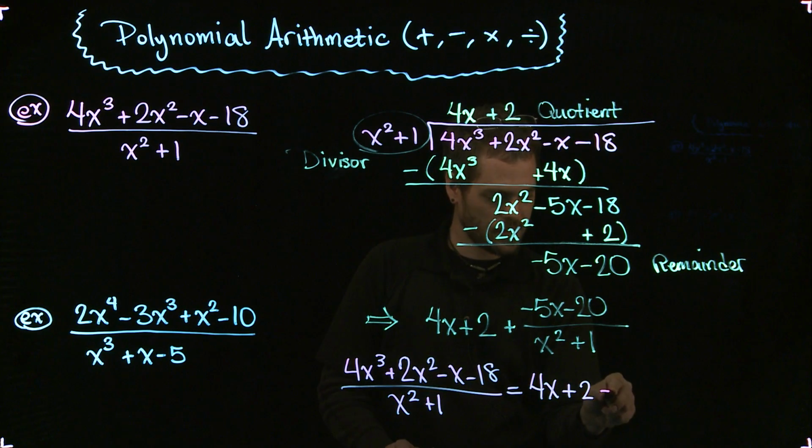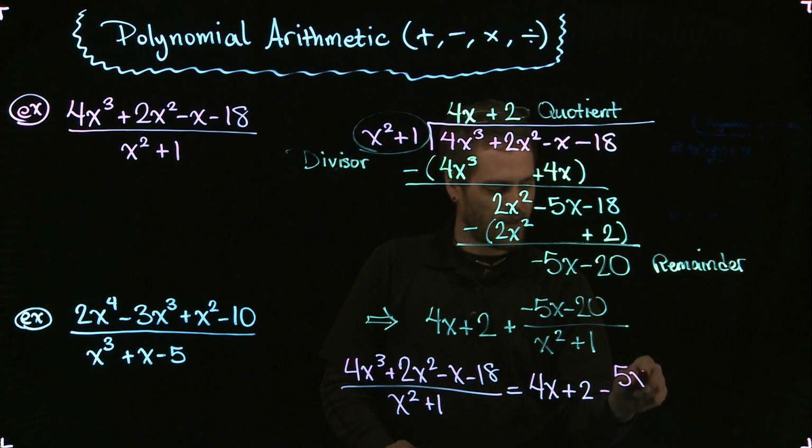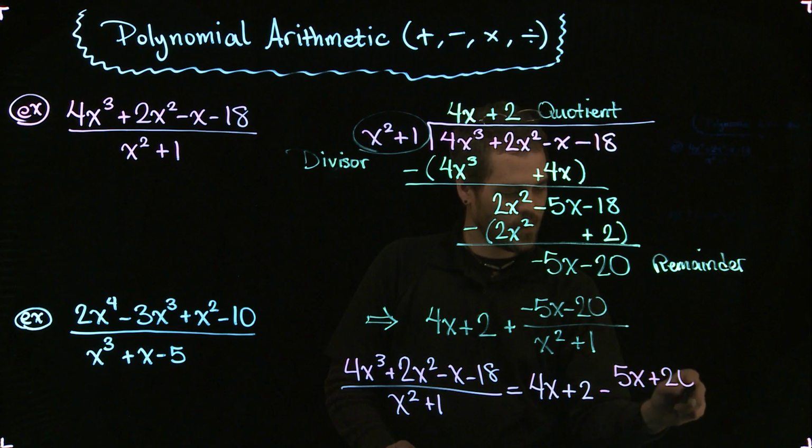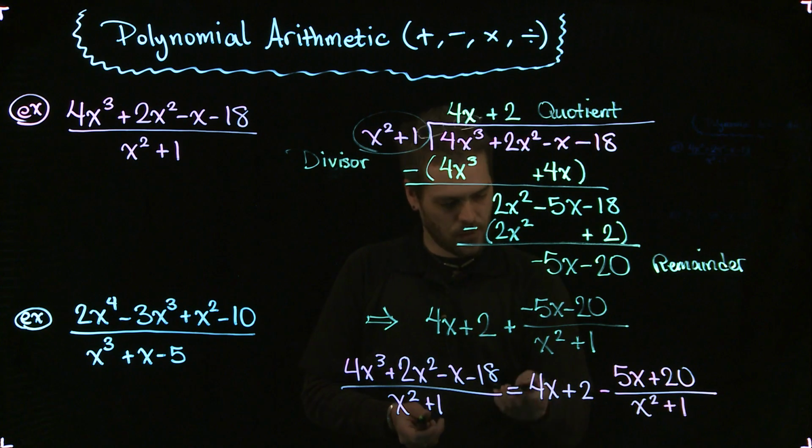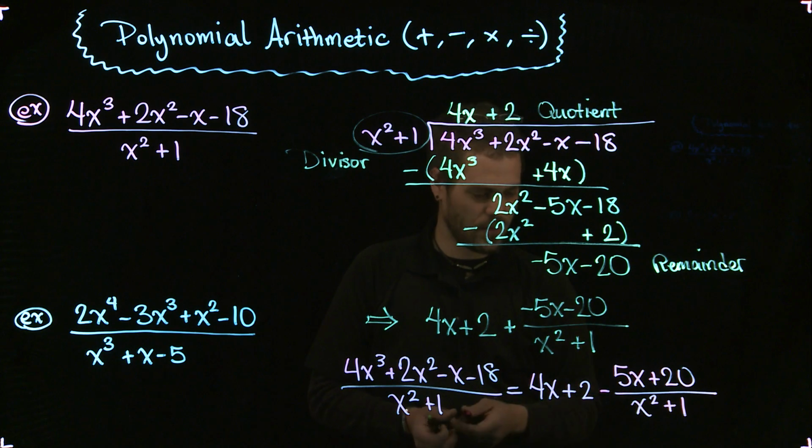So I'll say minus 5x plus 20 all over x squared plus 1. And again, what I'm ending up with over here is the quotient plus the remainder over the divisor.